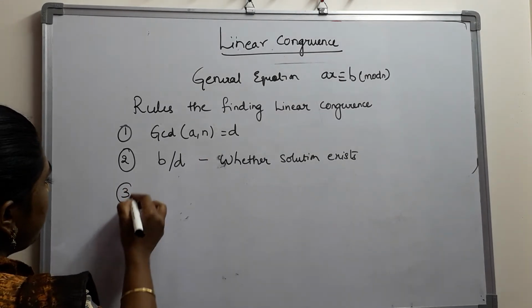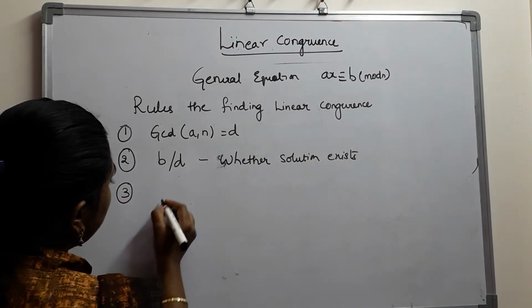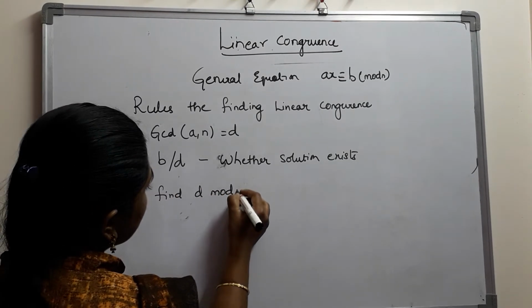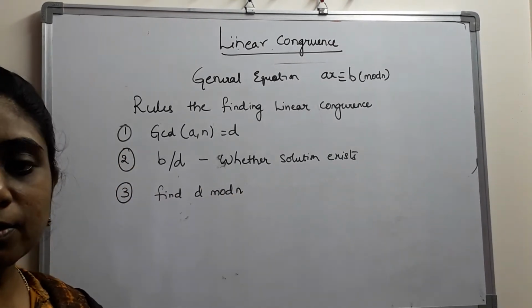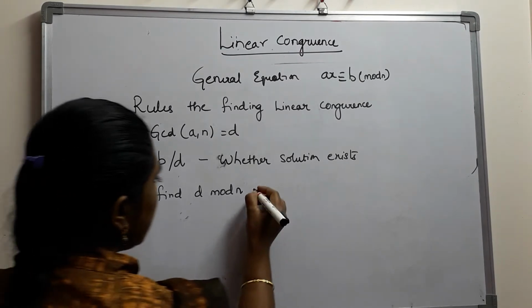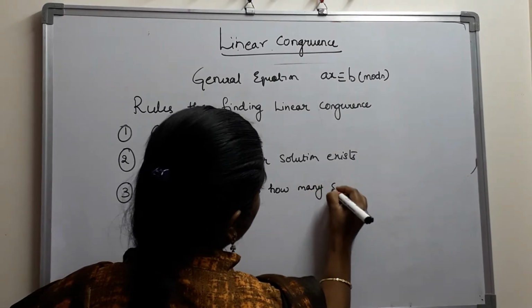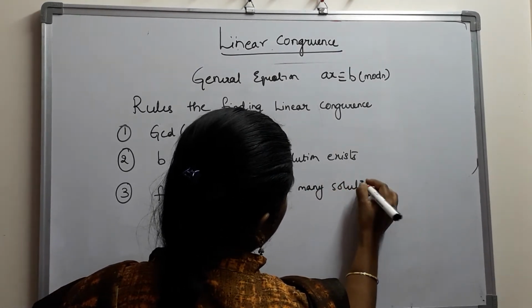The third step is we are going to find D mod n. D mod n tells how many solutions exist.